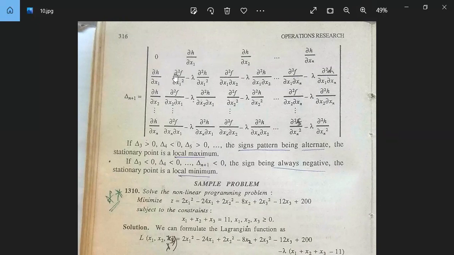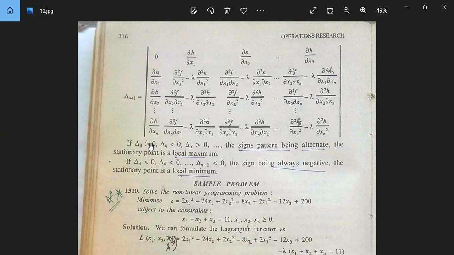Similarly, del h by del x1, del 2f by del x1 square minus lambda del 2h by del x1 square, and so on. लास्ट में इसी तरह से लास्ट वन इज del h by del xn, del 2f by del xn del x1 minus lambda del 2h by del xn del x1, and last one is del 2f by del xn square minus lambda del 2h by del xn square.